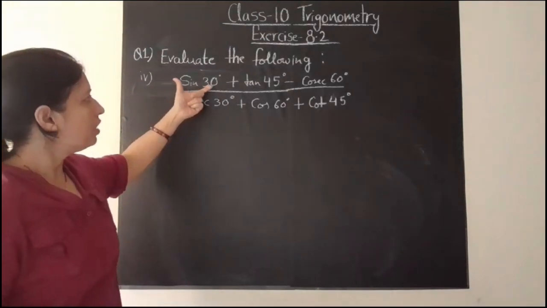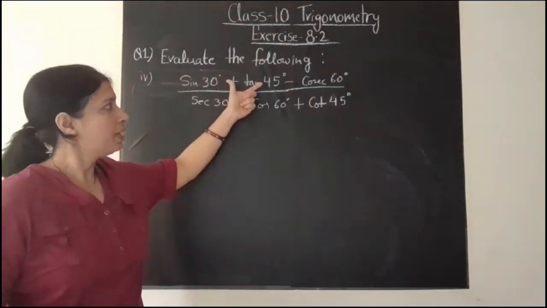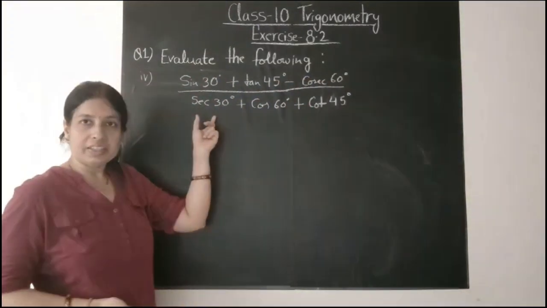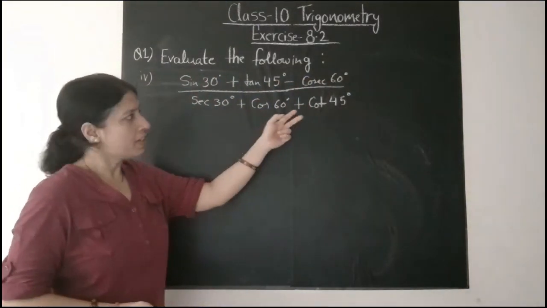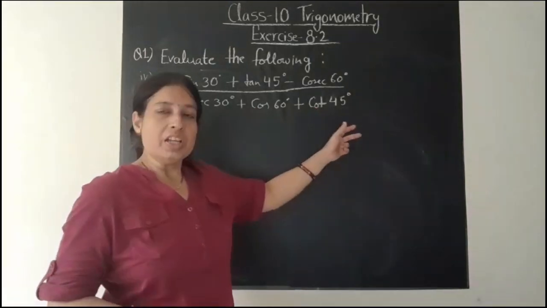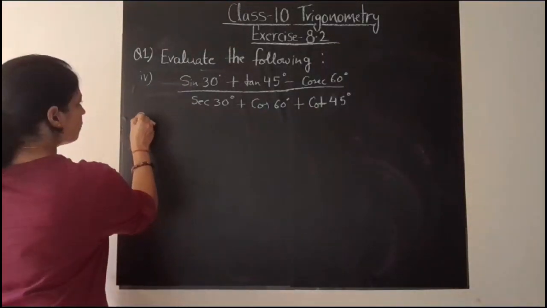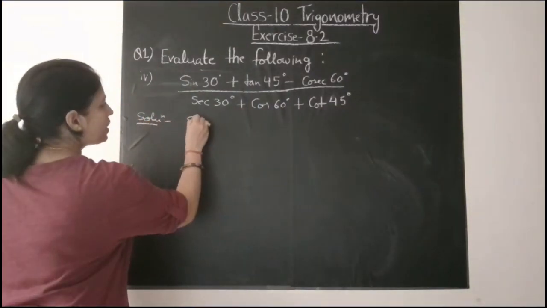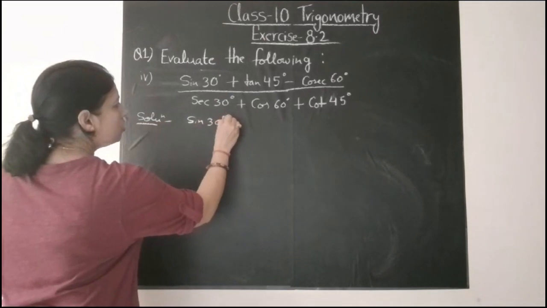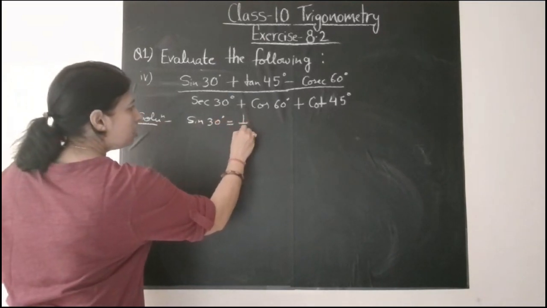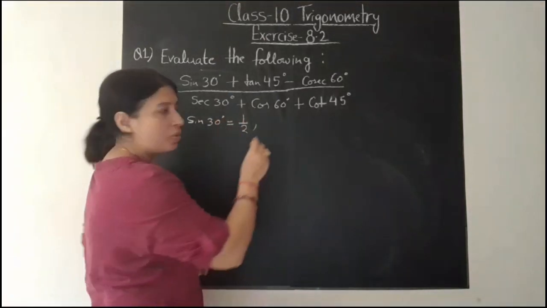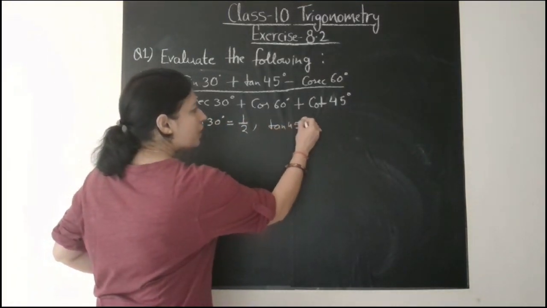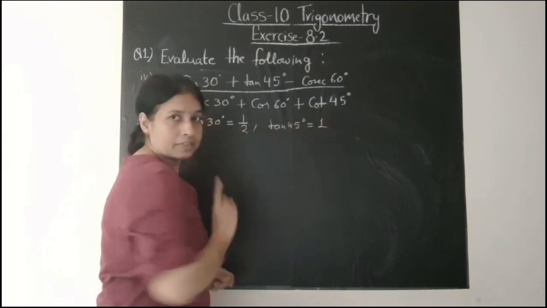This one is sin 30 degree plus tan 45 degree minus cosec 60 degree divided by sec 30 degree plus cos 60 degree plus cot 45 degree. So first we write all the values. We know that sin 30 degree is equal to 1 by 2 and tan 45 degree is equal to 1.